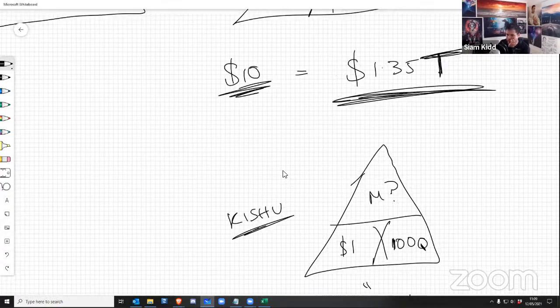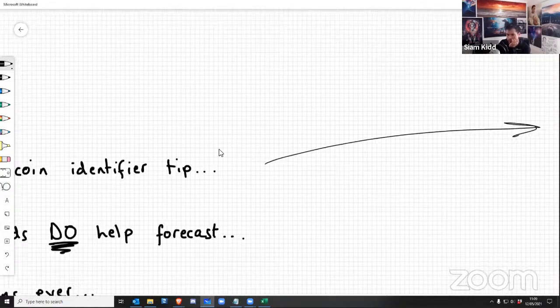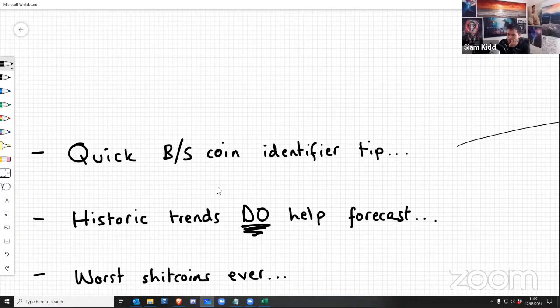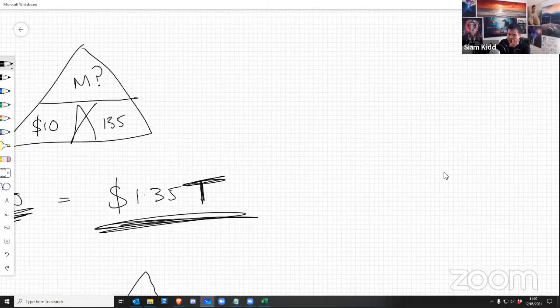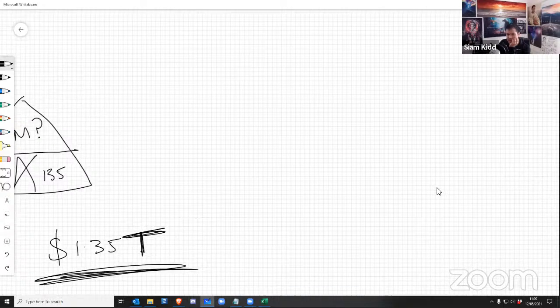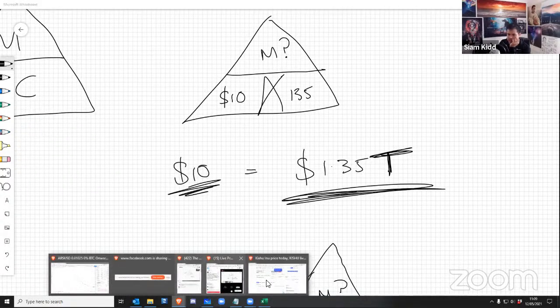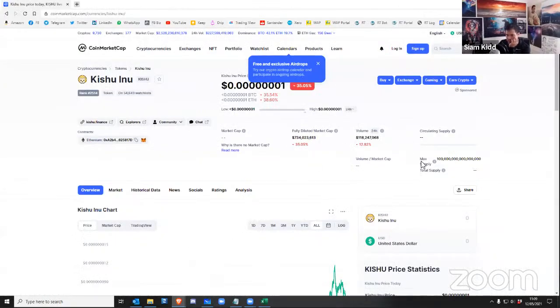Now, going back to what I said over here, a quick bullshit identifier tip. I guess the big thing for me is the max supply. One of the first things I look at with all new coins is the max supply. Now, if it's something ridiculous like this, it's going to be silly.